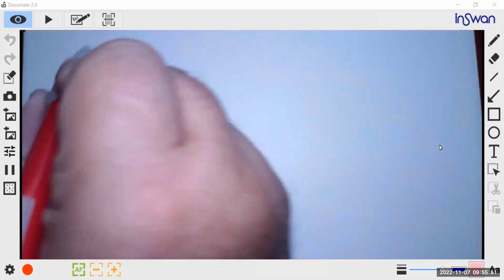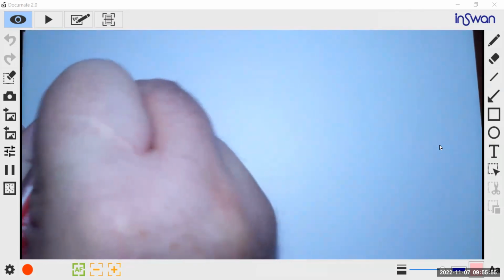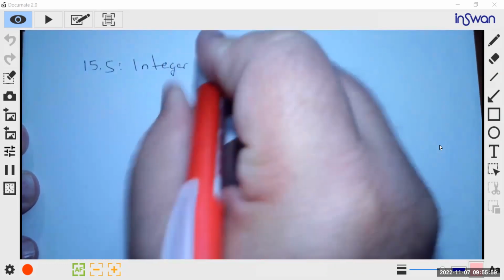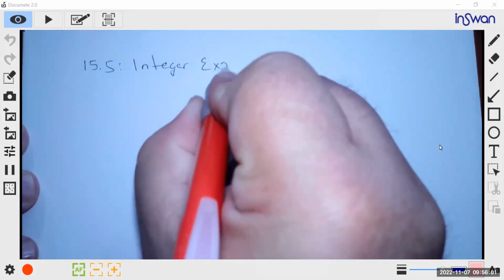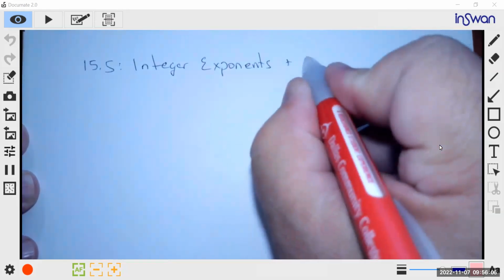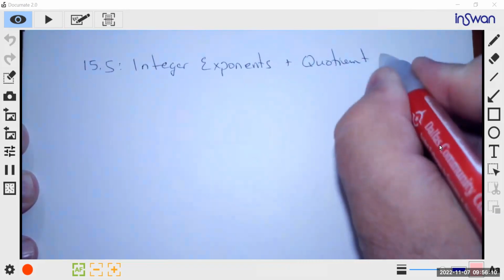Section 5. Integer exponents and the quotient rule.